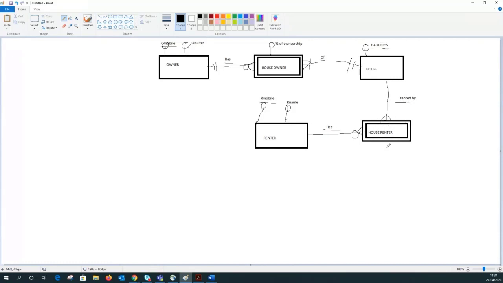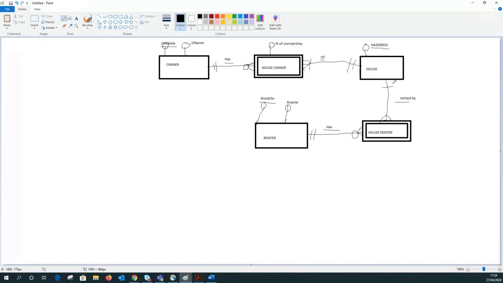So this is optional. The other way around, if you have one house rental details, it must be associated with that particular renter. So we have the extra one here. The same applies here, but now this is the cardinality relationship one to many.